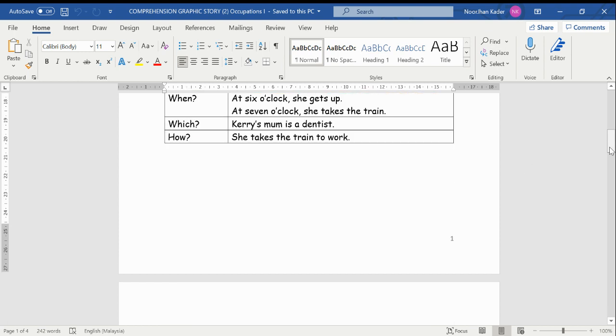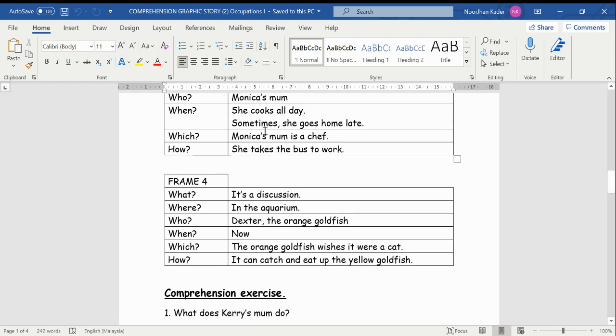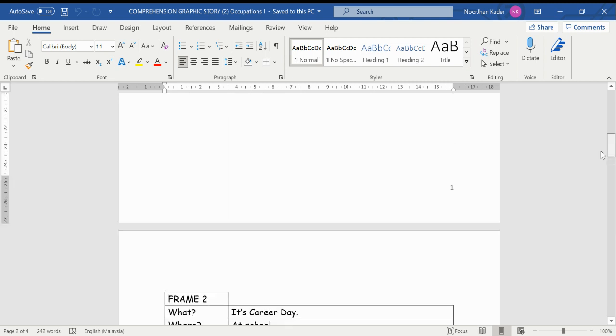Okay, let's look. Frame 4. What is happening? There's a discussion going on. The discussion is happening in the aquarium because there are two fish there. Who is the supporting character who is more important in frame 4? Dexter, the orange goldfish. When is it happening?